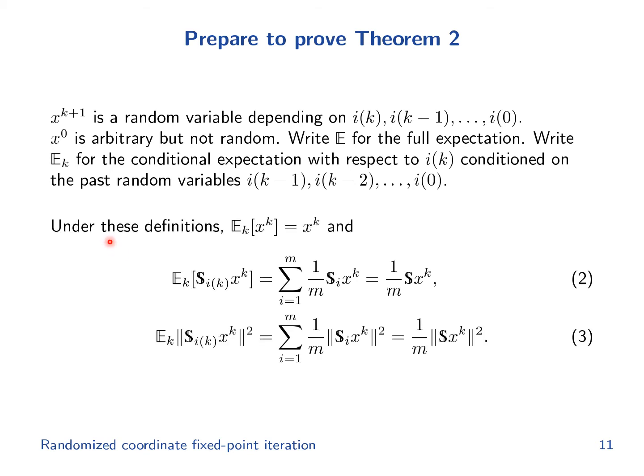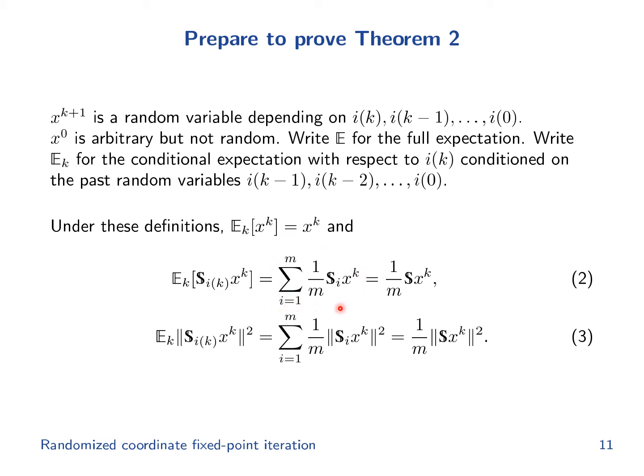Using those definitions, we can get some conditional expectation identities. First, xk is generated before ik is even sampled. We have the conditional expectation Ek of xk equal to xk itself. Then, taking the conditional expectation of Sik of xk, the expectation is taken with respect to ik. And recall ik equals i with equal probability, which is 1 over m.